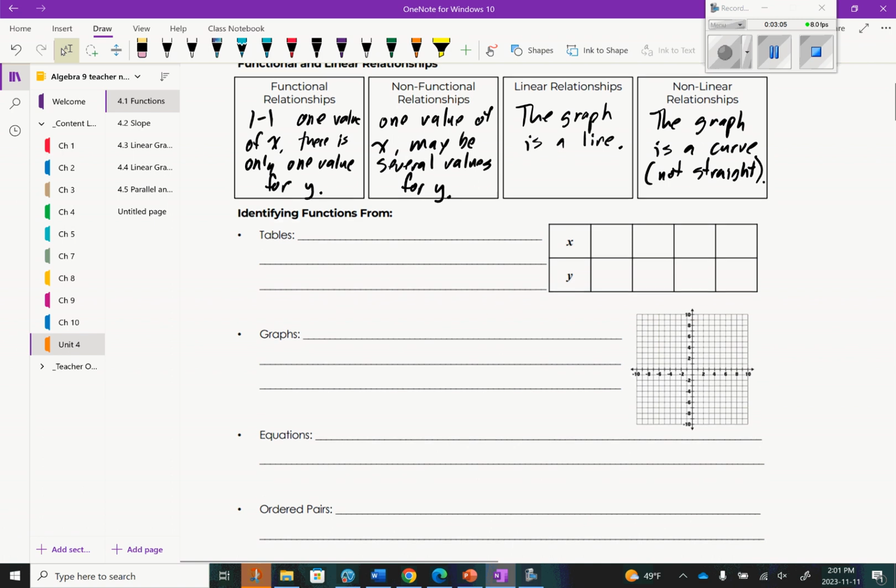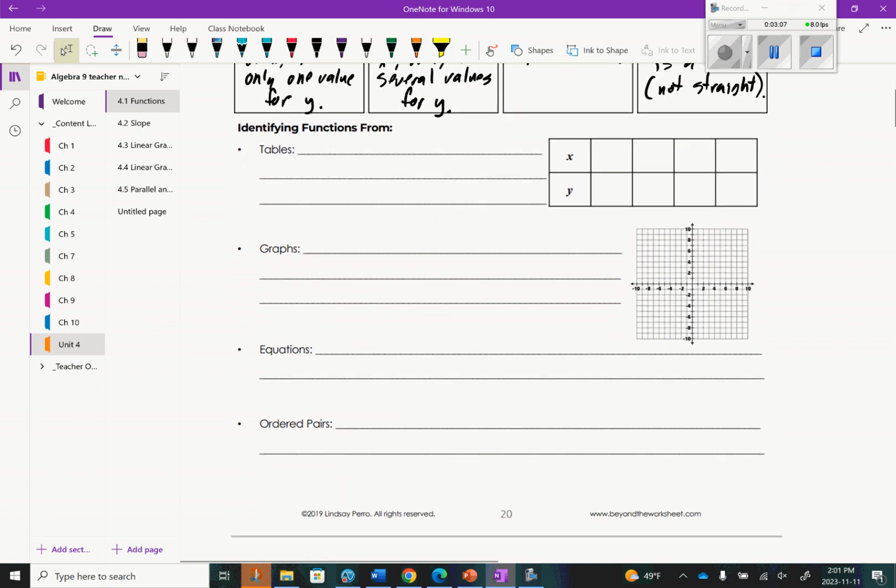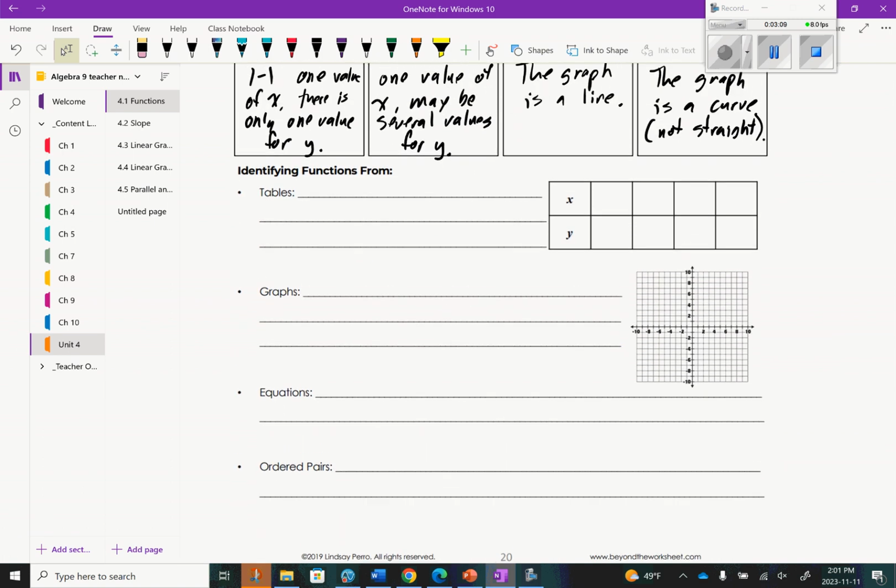We should be able to identify a function in 4 different ways. If we're given a table of values, say the x's are 2, 3, -4, -1, the corresponding y's are 7, 9, 8, 0.